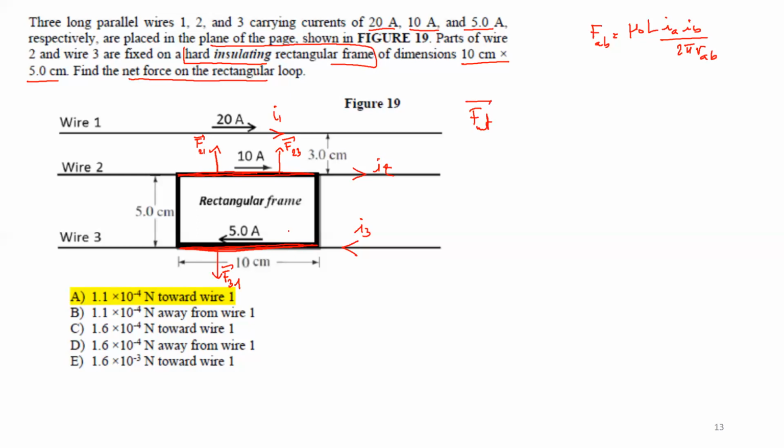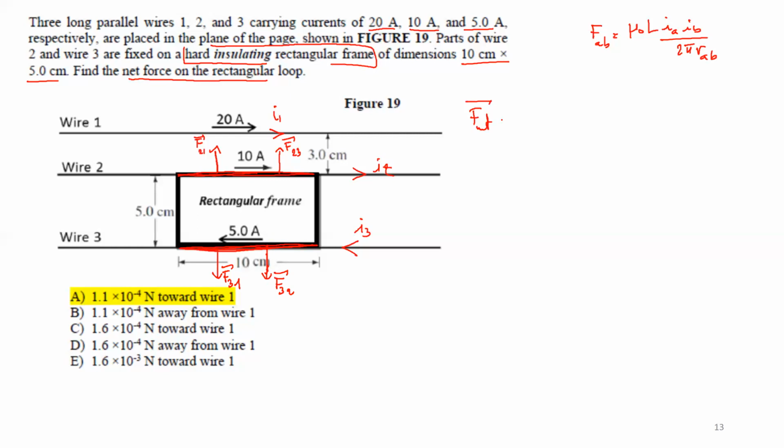Now, what about 2? I will also have a repulsive force, which is pointing downward. I did not draw them to scale, by the way, okay? So this is not to scale. I'm just giving you the directions. So this will be force on 3 by 2. Okay? Great. I'm just drawing the directions here.